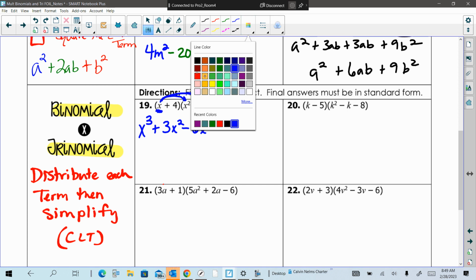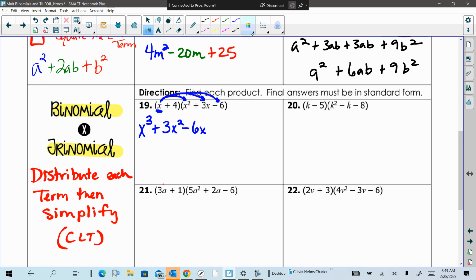Now I go to the next term. The next term is the 4. I'm now distributing that to each term. 4 times x squared gives me 4x squared. 4 times 3x is plus 12x. And then 4 times the negative 6 is negative 24.